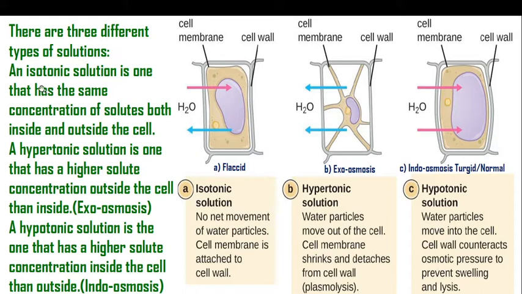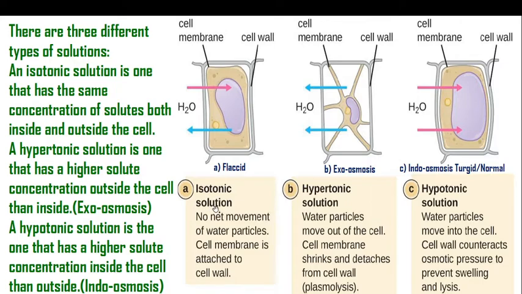The first is an isotonic solution, which has the same concentration of solutes both inside and outside, meaning both sides can take in and give out matter equally. That's why this is an isotonic solution.